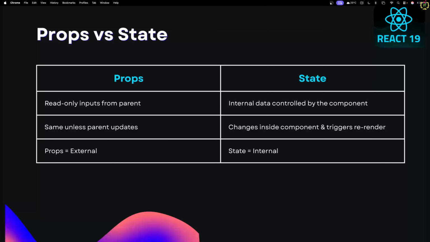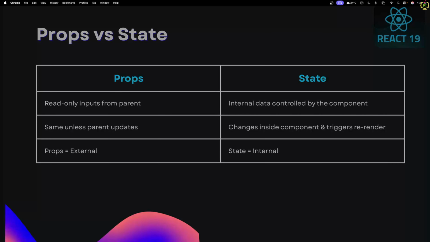And when props change, React re-renders too, but only when the parent updates them, because the child component cannot modify props. So when should a component receive data, which is called props, and when should a component control data, which is state? Once this difference is clear, React hooks, especially useState, will start making complete sense.